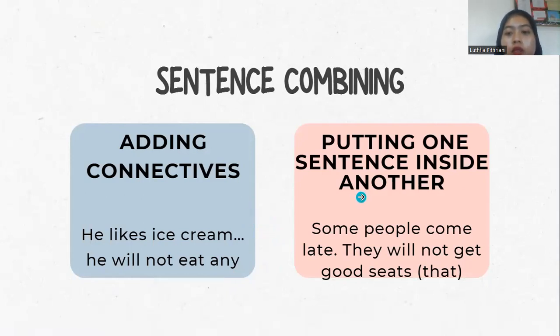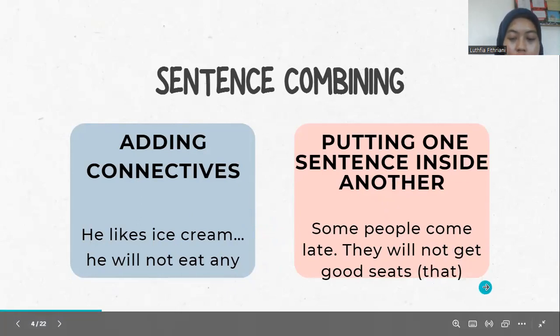On the other hand, in putting one sentence inside another, the teacher will give students two independent clauses. The students are required to combine the clauses into one sentence. The teacher also can provide a conjunction or connection as a help. For example, as you can see on the screen, there are two independent clauses.